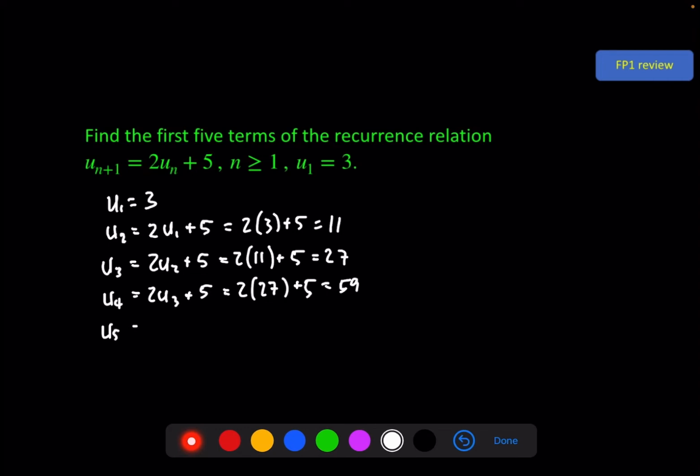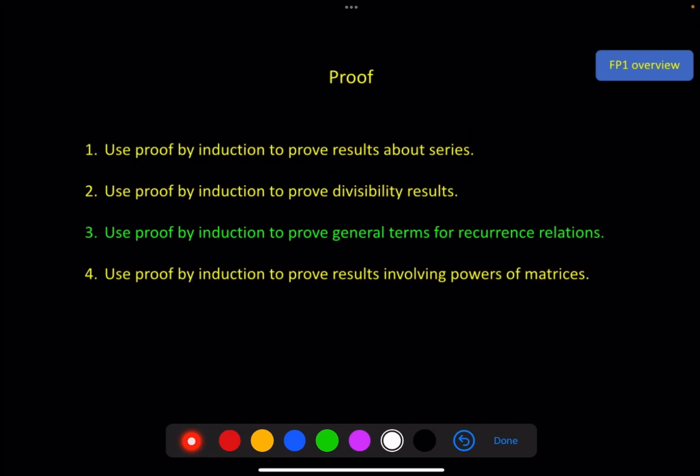And the last one, u_5, is 2 times u_4 plus 5, which is 2 times 59, 118, plus 5, 123.